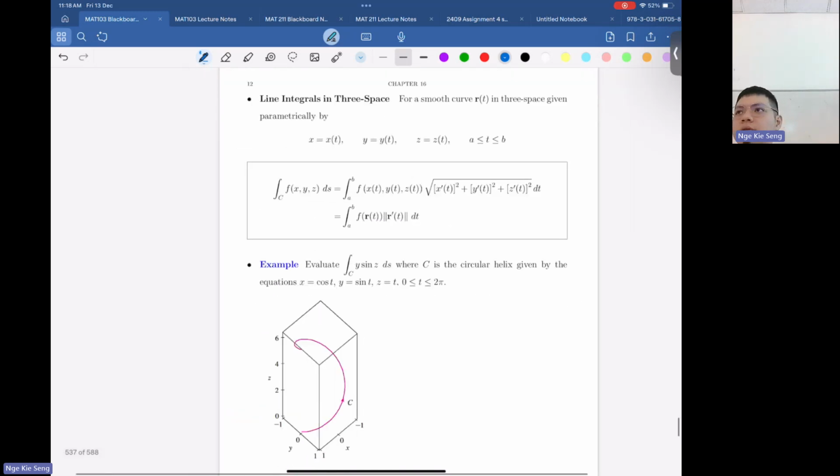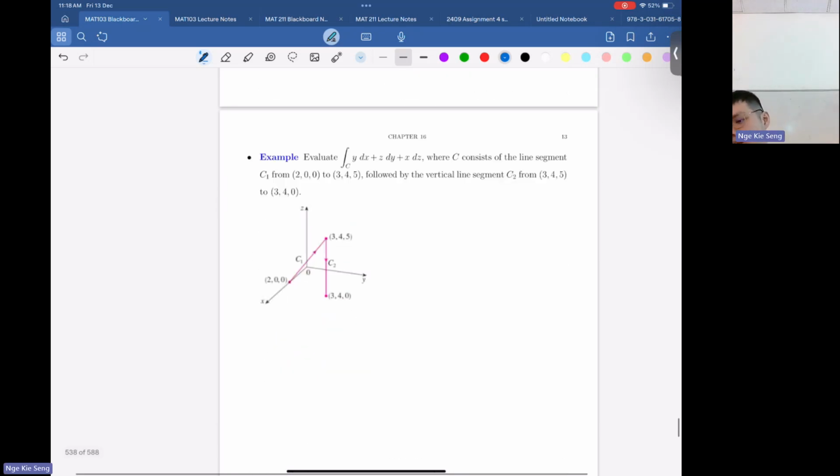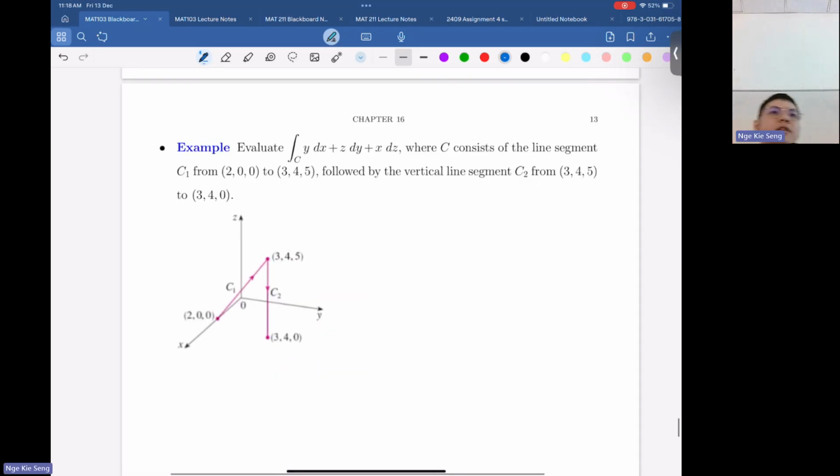Just add one more variable. Yeah. So similarly, you can do additivity of integrals in 3 spaces. I mean 3 spaces means R3. Euclidean space of 3 dimensions.